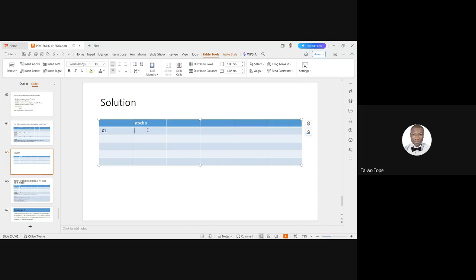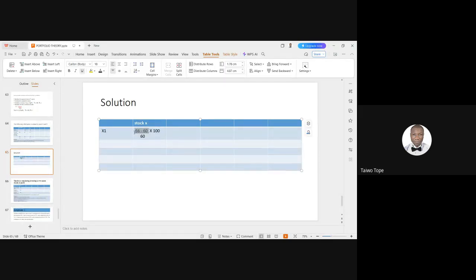So what will be the expected return in the case of X1? 66 minus 60, divided by 60, multiplied by 100.